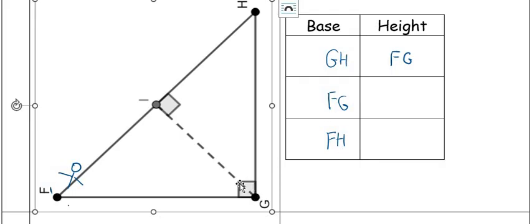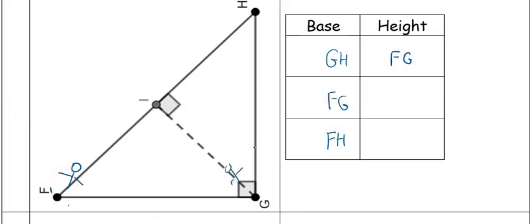You will find a perpendicular sign over here, a perpendicular line sign. If you want, you can draw a stickman over here, with one foot on the base, which is FG, and one foot on the height, which is HG. So the height is HG.